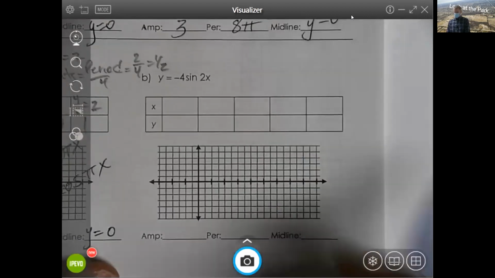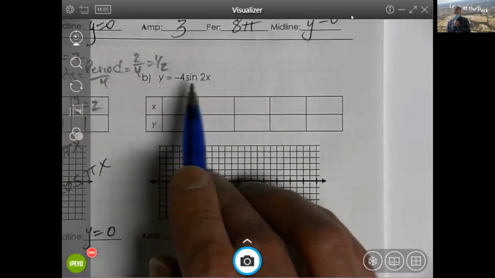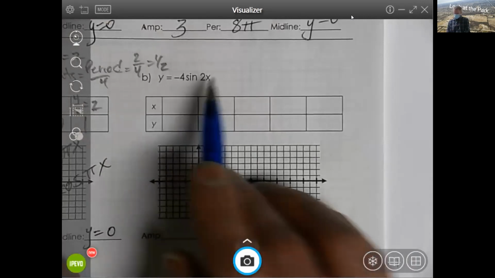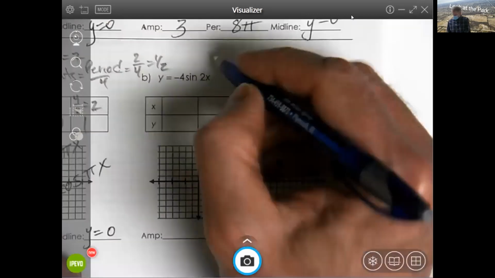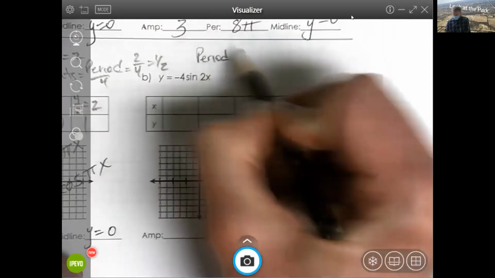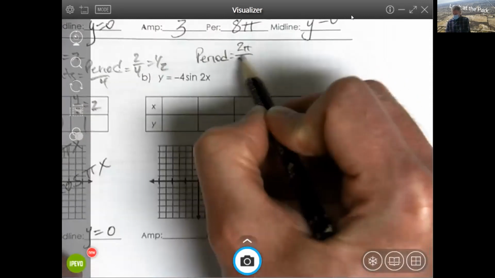Last one. This has a reflection. This has a stretch vertically, and this has a shrink horizontally. So we'll take our period, which is 2 pi divided by b.